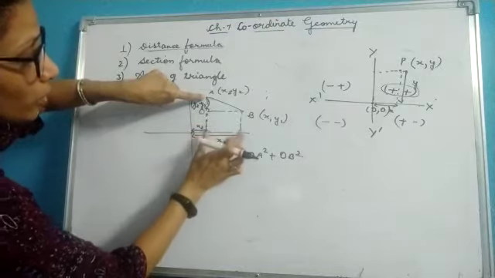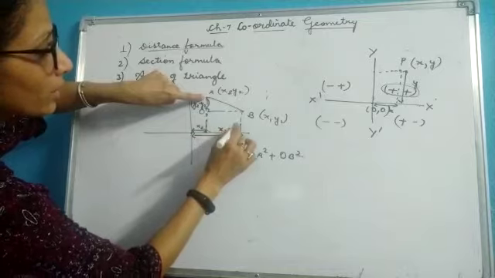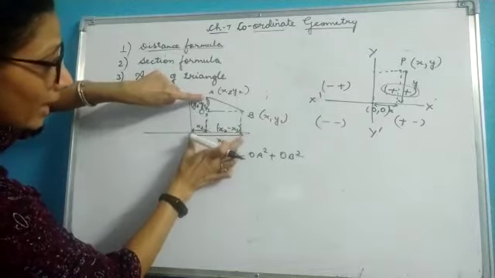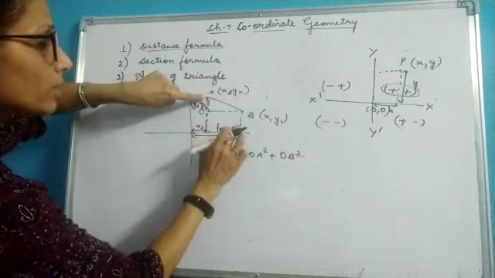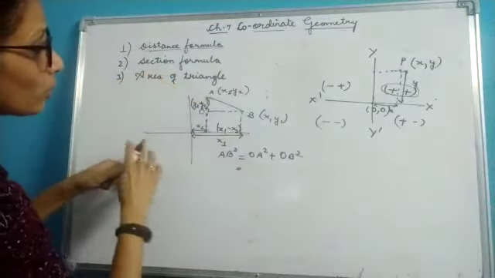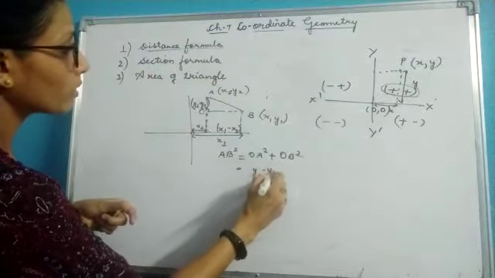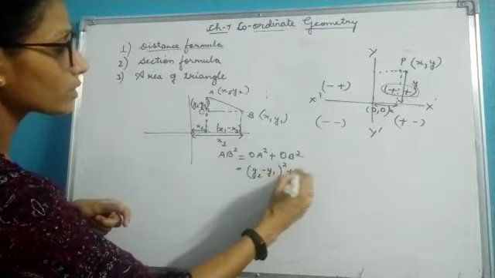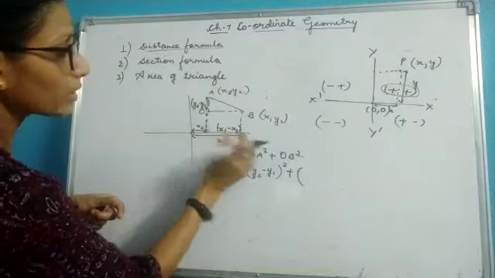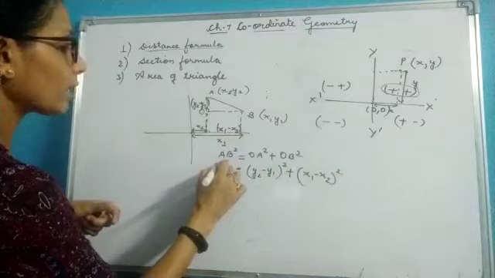So this is x2. So what is the leftover part? This is your x2 minus x1, or I can say x1 minus x2, one and the same thing. So here I can say what is my OA? OA is y2 minus y1 whole square plus OB is what? x1 minus x2 whole square, and this is AB square.